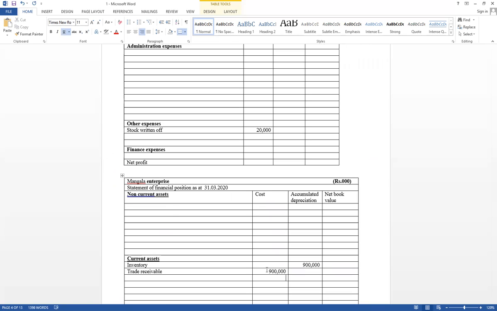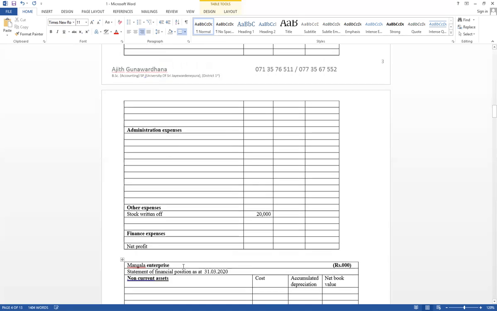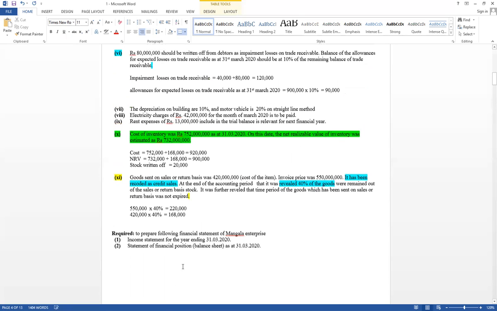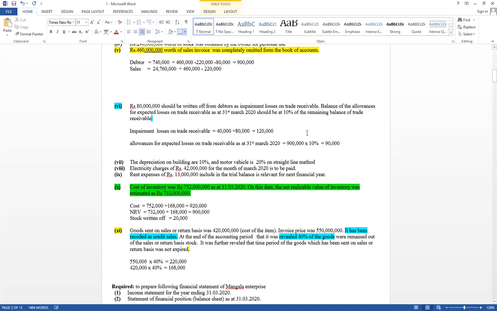And from that value should be deducted allowances for expected losses based on this 10%. Deduct allowances for expected losses. Then the correct value should be included, second column. As well as you have to find out expected losses under provision or over provision. This is the allowances for expected losses.